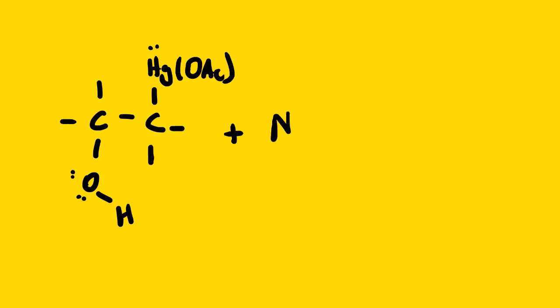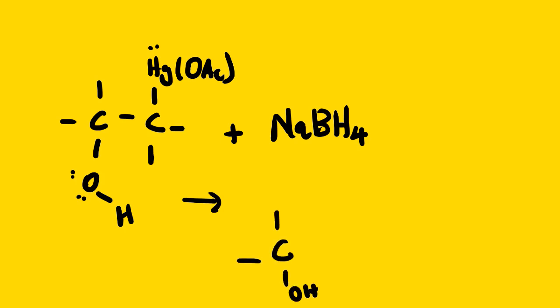We react this with, by the way, we call this sodium borohydride. It is a reducing agent. It actually replaces the mercuric fragment with hydrogen. So this will form OH. See, we have H here.